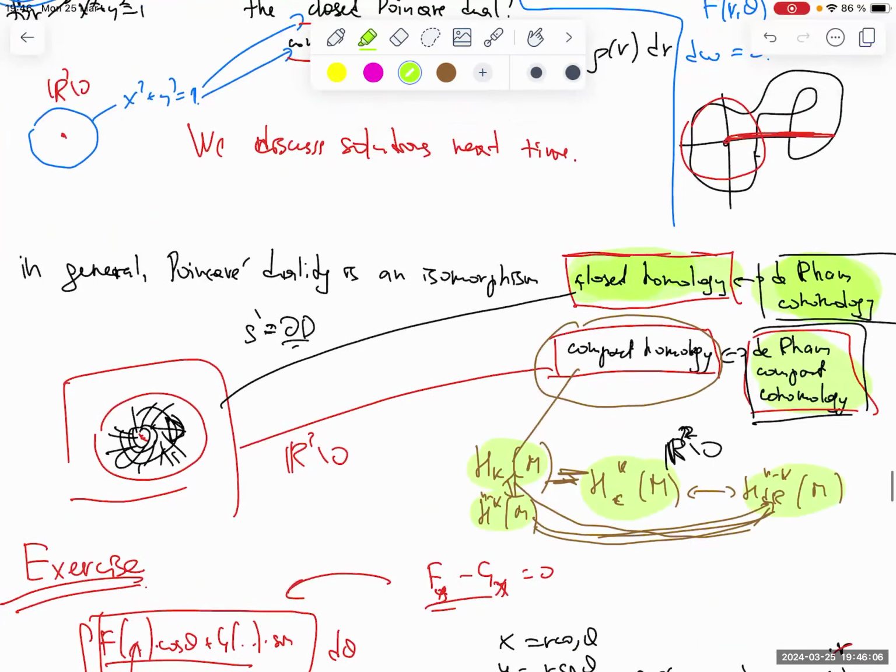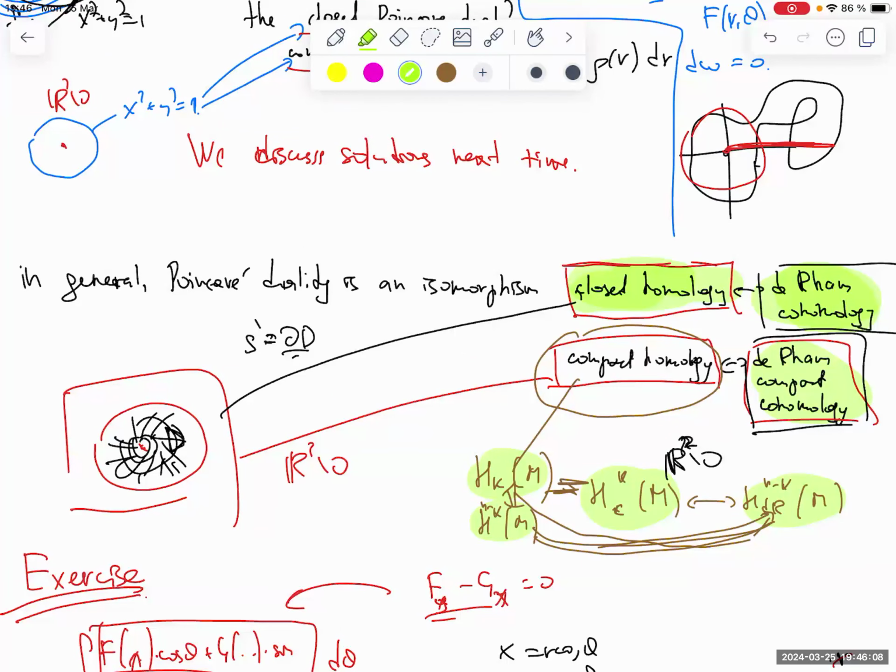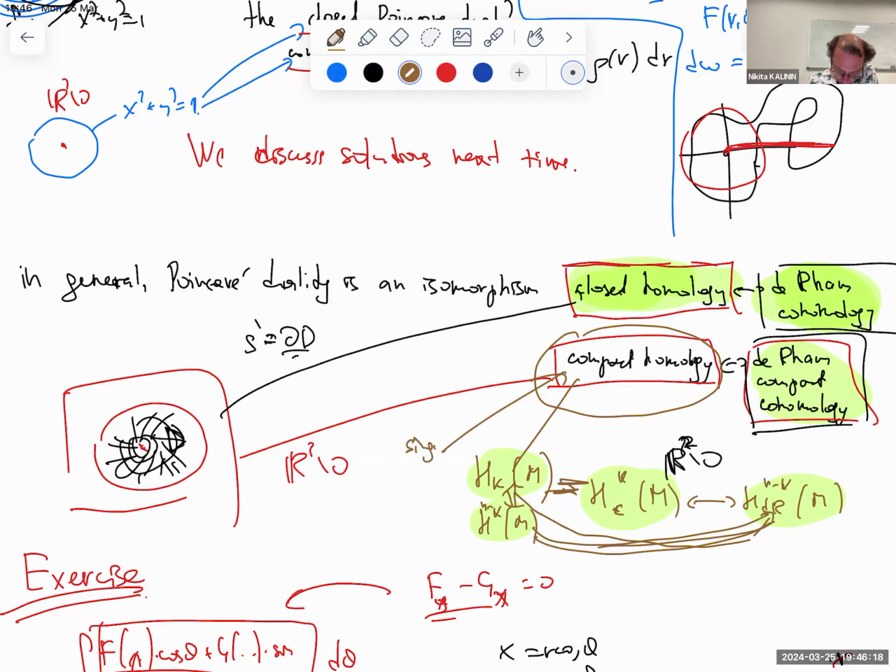I'm sorry, the compact homology is just isomorphic to singular homology with real coefficients, yes? Yes, singular cohomology. Or simplicial or cellular or another theory. So, with any standard homology theory.